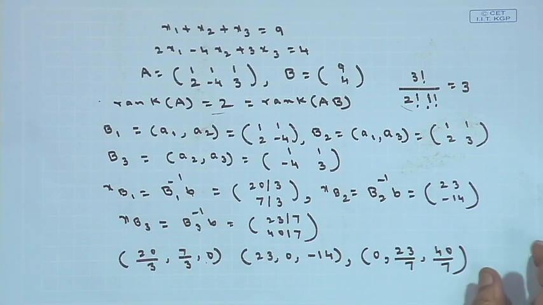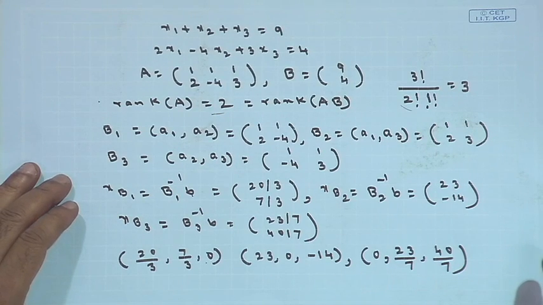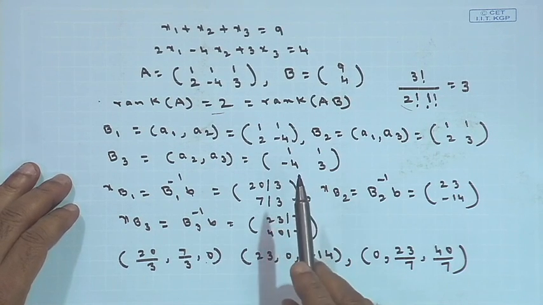So, if you see what is happening in the process of finding the solution, basically we are trying to find out the basic solution at first. How to find the basic solution? For that we are using the linearly independent columns or the rank. From the rank we can obtain it.